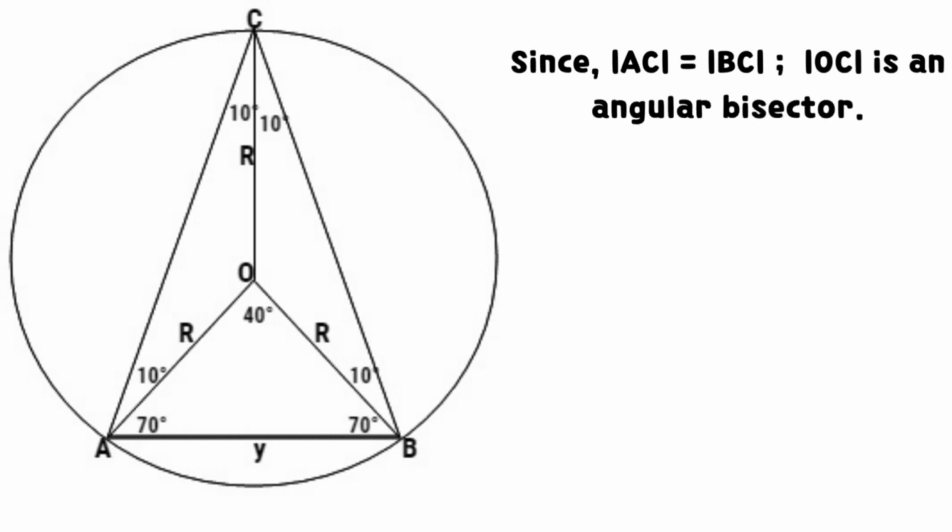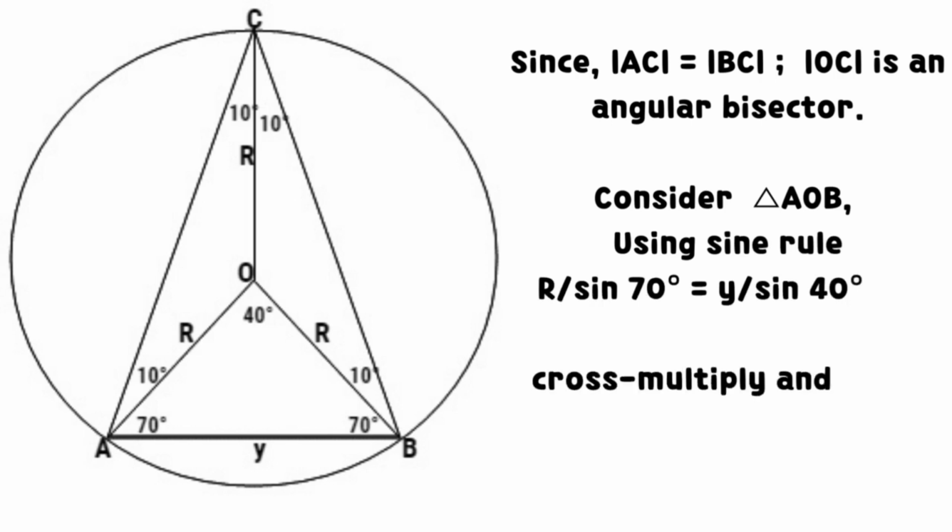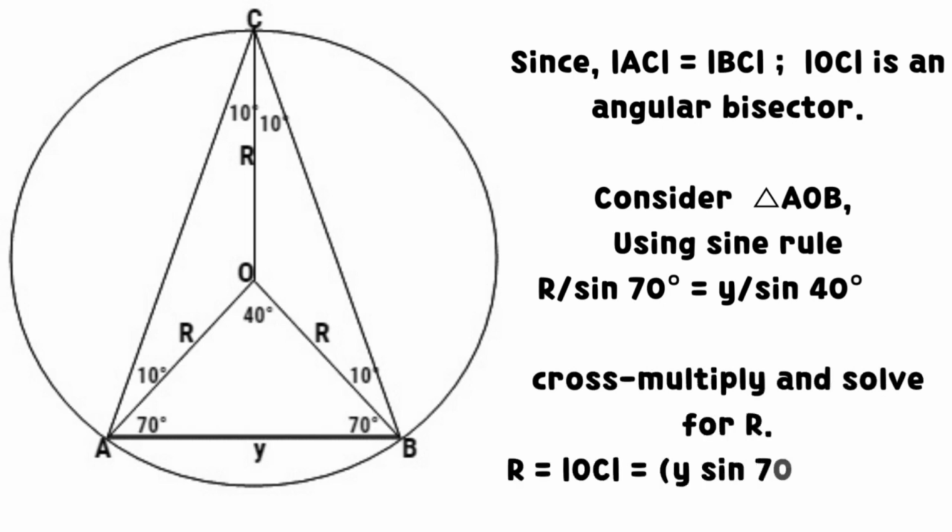Since line AC equals line BC, line OC is an angle bisector of angle ACB. Consider triangle AOB. Using the sine rule, we have that the ratio of r to sine 70 degrees equals the ratio of y to sine 40 degrees. Cross multiply and solve for r, which we call equation 4.